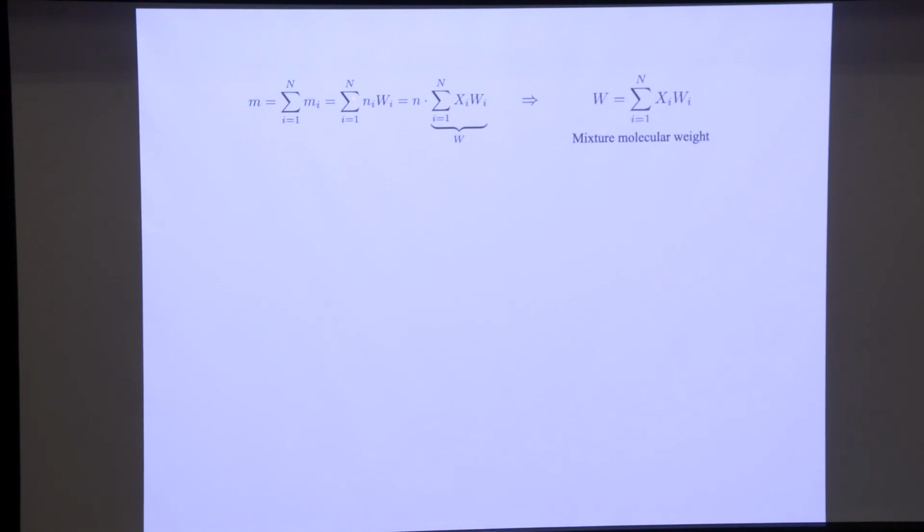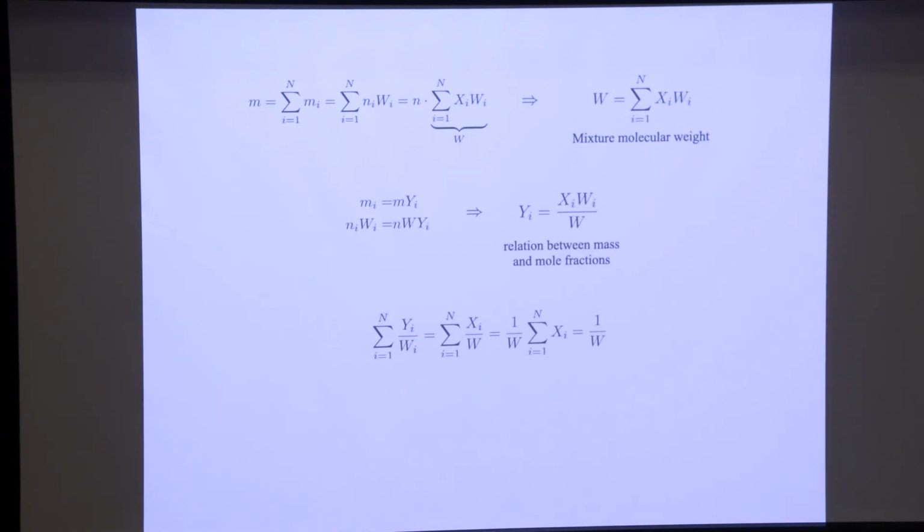And when you sum that over all I, you can write Ni as N times Xi, which is the mole fraction. So this sum can be thought of as the molecular weight of the mixture, because it has exactly the form that M is the total number of moles times that quantity W. So W is the mixture molecular weight.